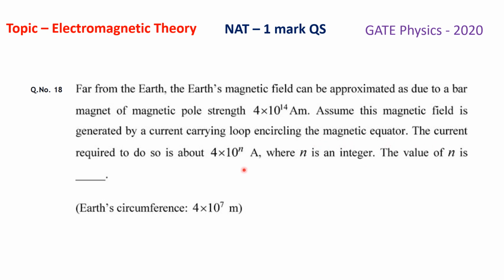The current required to do so is about 4 times 10 to the power n ampere, where n is an integer. So we have to find the value of n here. One piece of information given in this question is that Earth's circumference is 4 times 10 to the power 7 meter. Now let us see how to solve this problem.